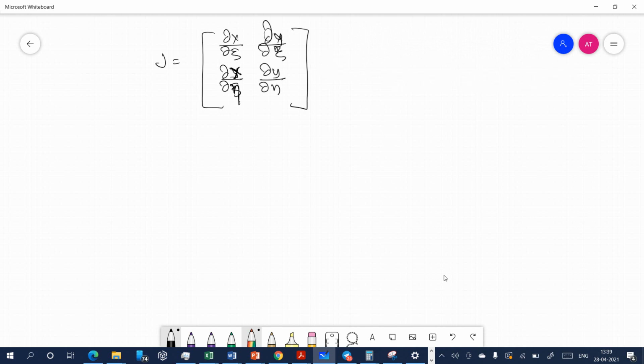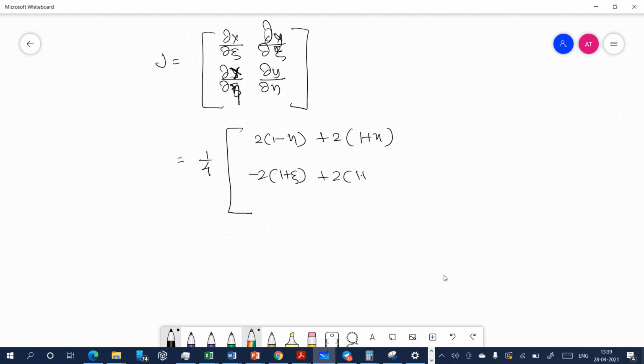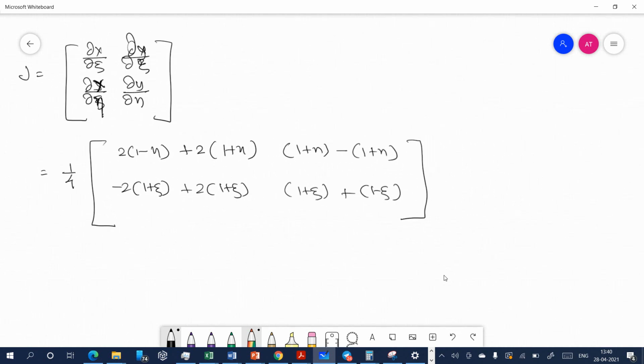So what I can do is, I can write it as 1 by 4 completely out of the matrix, and then I can write 2 into 1 minus eta plus 2 into 1 plus eta, and then minus 2 into 1 plus zeta plus 2 into 1 plus zeta, and 1 plus eta minus 1 plus eta and 1 plus zeta plus 1 minus zeta, this whole thing into, so how many terms do I have?